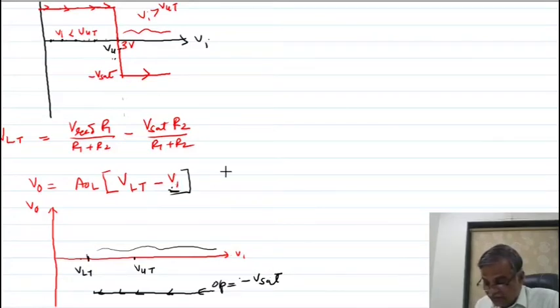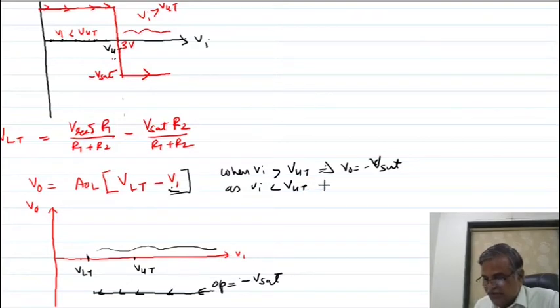When Vi is more than VUT, your VO is minus V sat. When Vi is less than VLT, immediately the output will be plus V sat. Suppose this point is 1 volt.